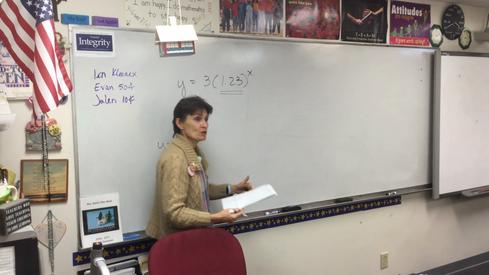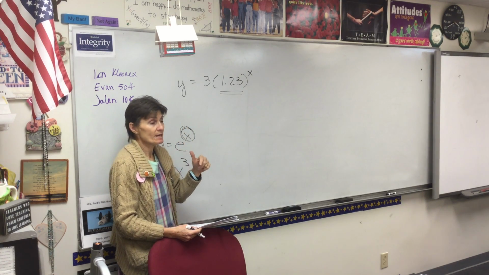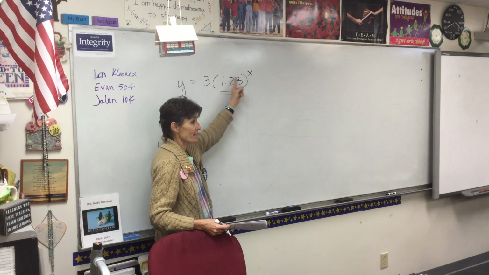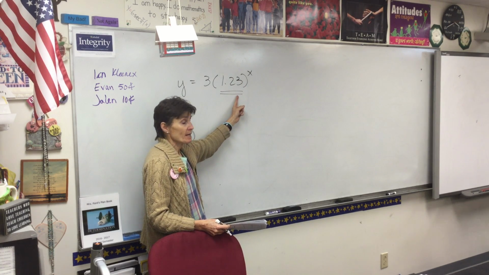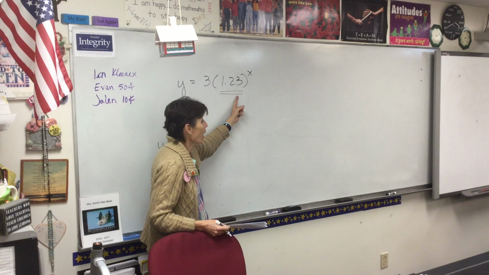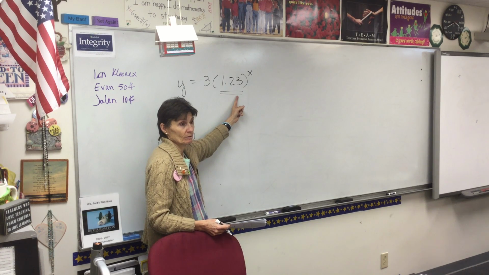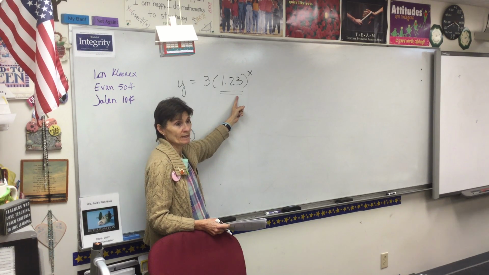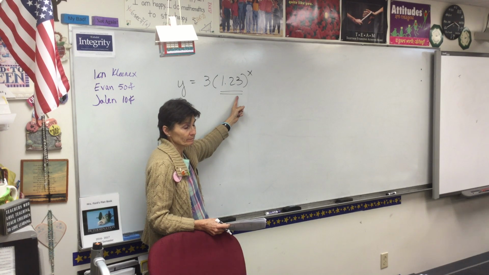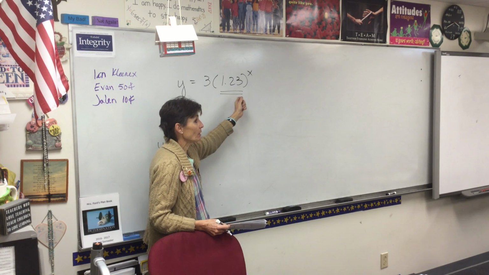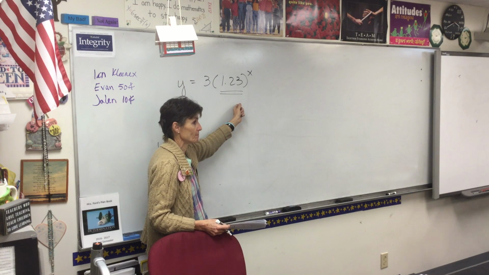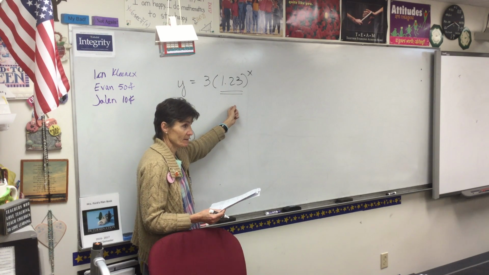You get smaller. So growth or decay is based on the size of the base. If the base is bigger than 1, it's going to be growth. If it's less than 1, it's going to be decay. So this is an example of an exponential growth problem. Does that make sense? Everybody with me?